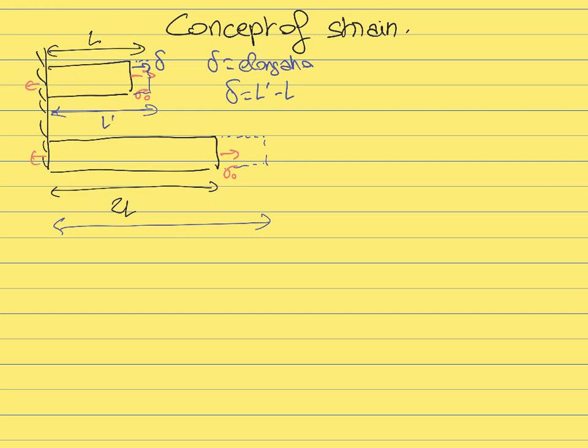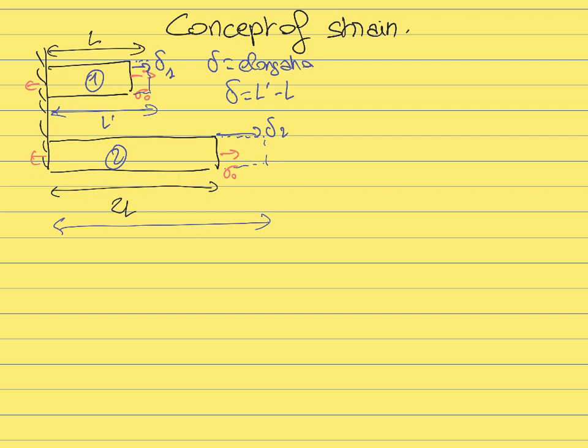Now if we look at the elongation in beam 1 versus the elongation in beam 2, what we see is that the elongation of the beam is not the right quantity to define how deformed a beam is. Why?